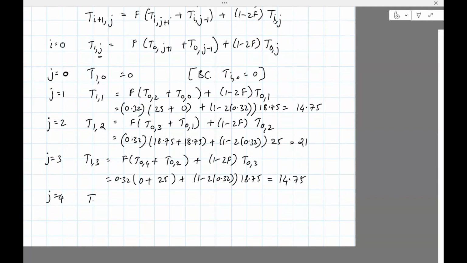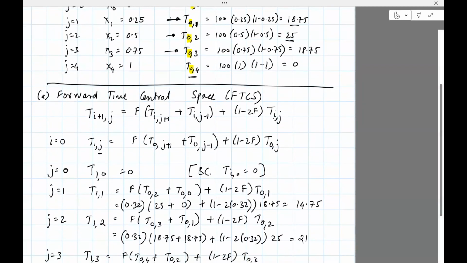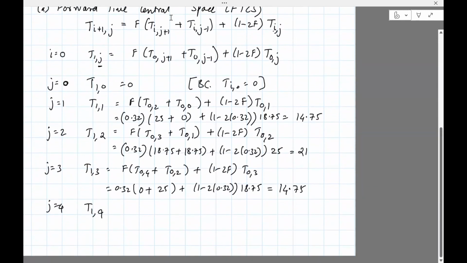Now T1,4, you cannot use the formula, because if you use the formula for this T1,4, you'll have to compute j plus 1. So j plus 1 would be 4 plus 1, 5. But there's no fifth index. There's nothing like that, because that's beyond the boundary of the rod. The rod ends at x equals 1, which is j equals 4. So this is actually a boundary condition.